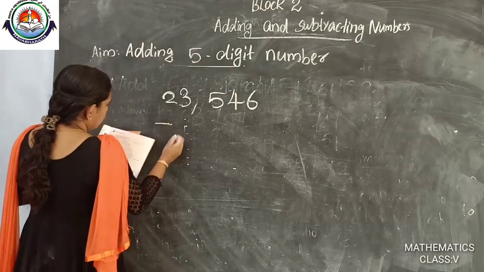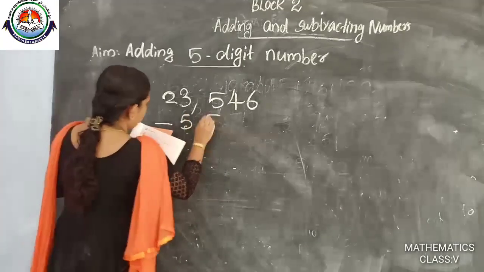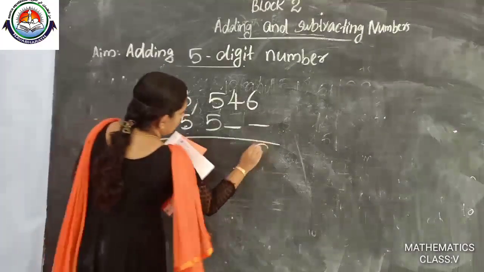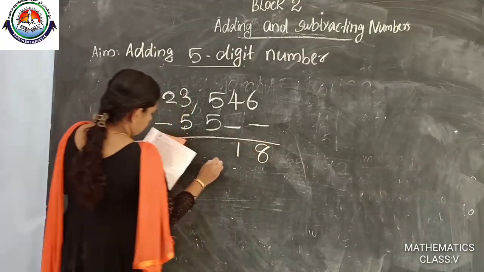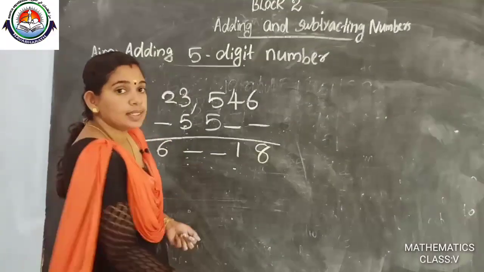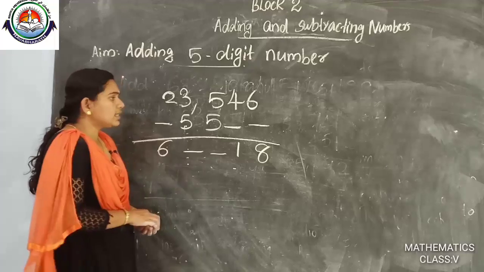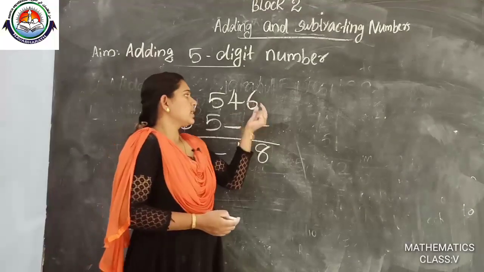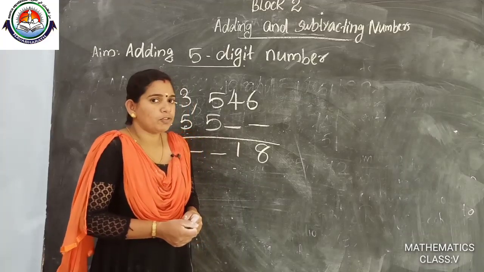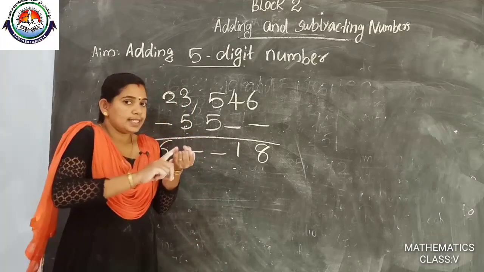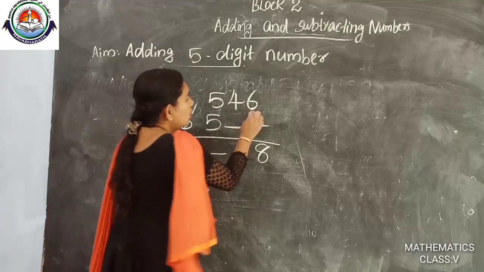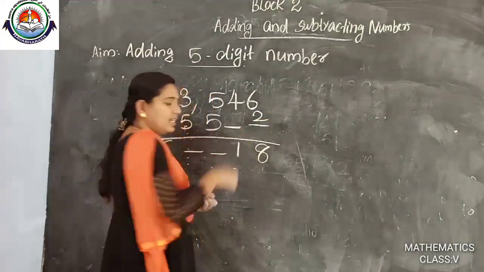Then it's blank. 5, 5. Okay, this is the number. How do we get this number? After 6, which number are we adding to 6? We will get 8. We will check it. 6, 7, 8. How many fingers here? 2 fingers. So 6 plus 2 is 8.